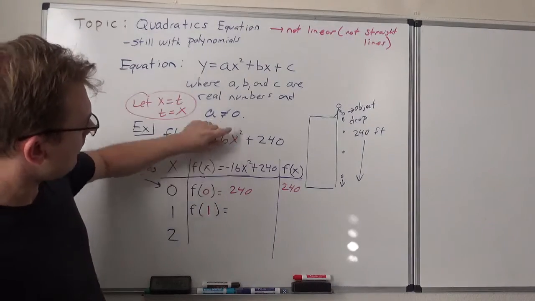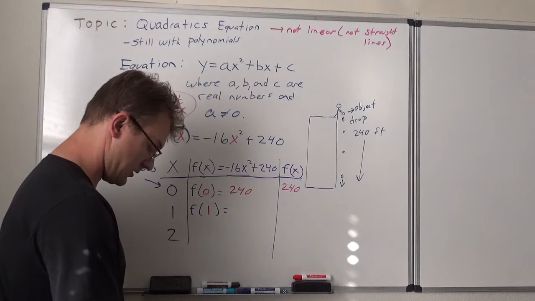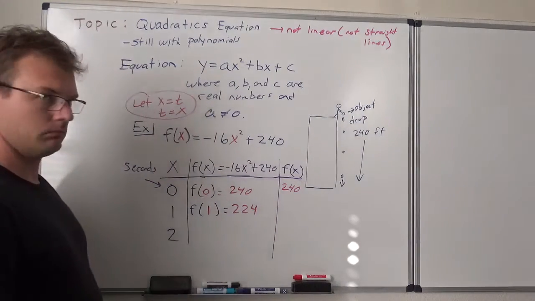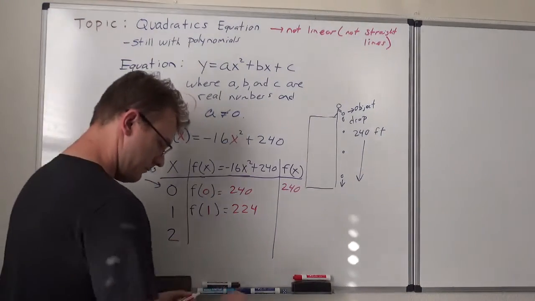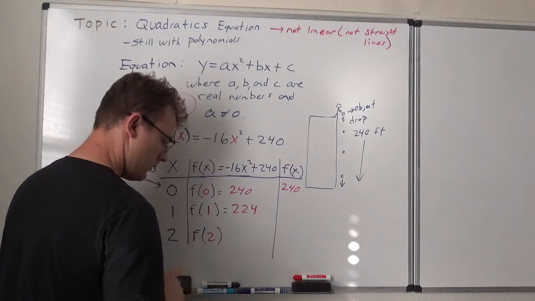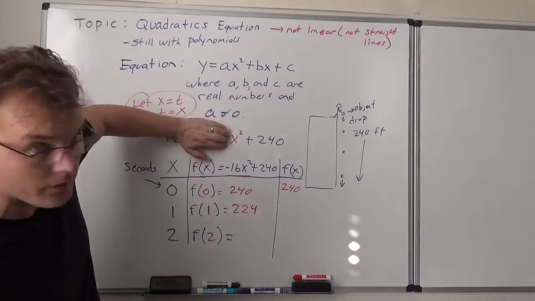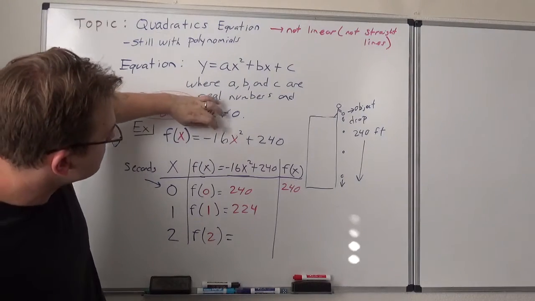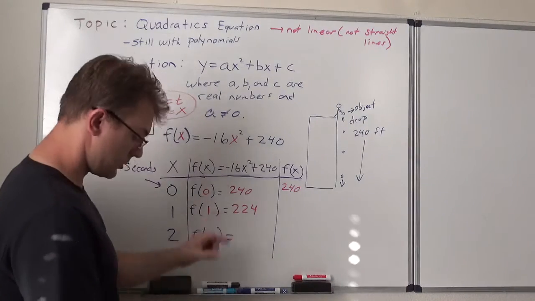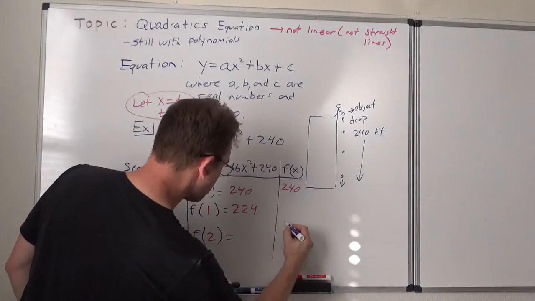Well, isn't that going to be 1 squared, which is negative 16? So negative 16 plus 240. So you should have 224. Let's put 2 in. So f of 2. That would be 4. So negative 16 times 4 is negative 64 plus 240, which is 176.